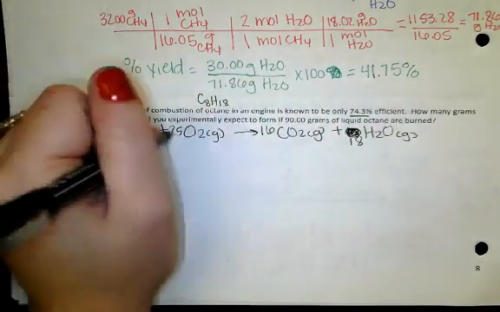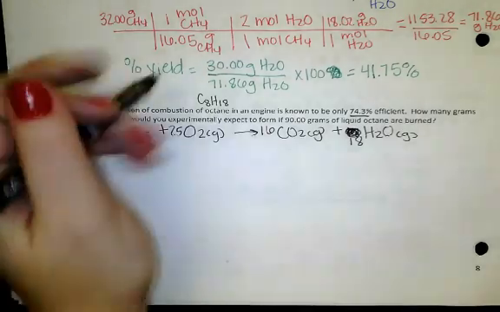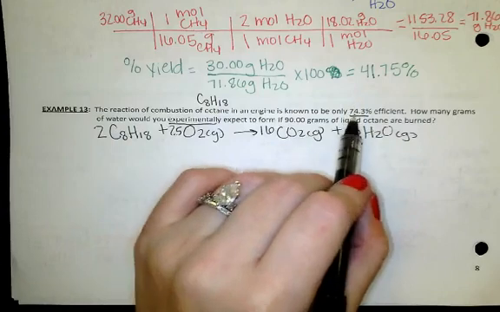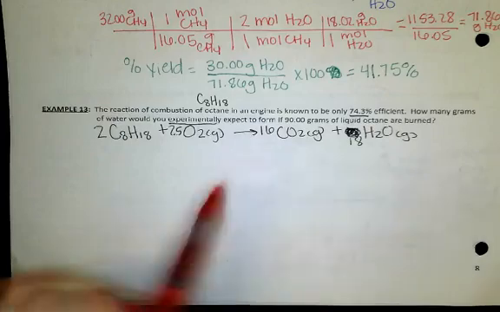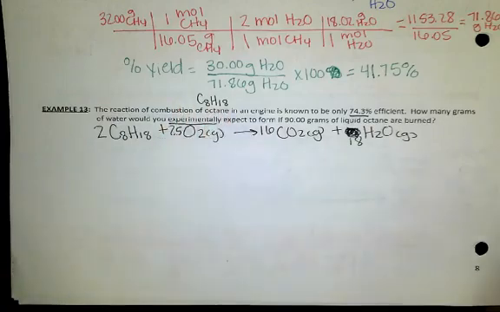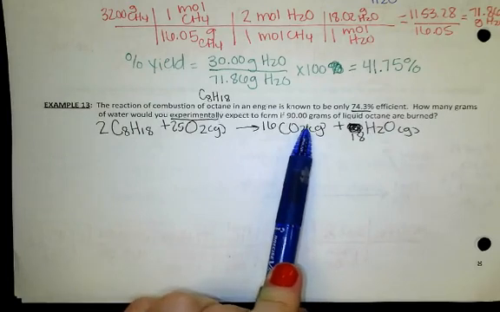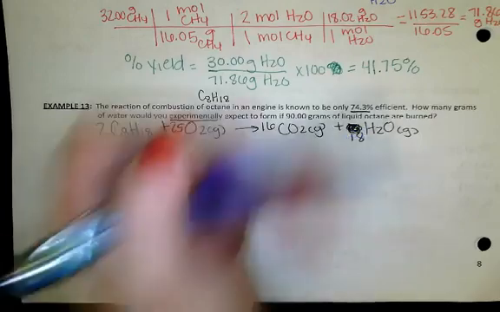Yeah, okay. So now what we're trying to do is asking us how much water would you experimentally expect. Well, we know that it's 74.3% efficient, okay? So what we're going to do is calculate the theoretical yield of water if 90 grams of liquid octane were burned, and then multiply it by 0.743 to get our experimental yield.